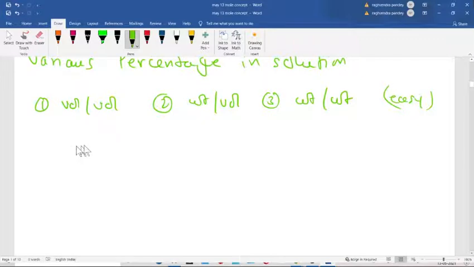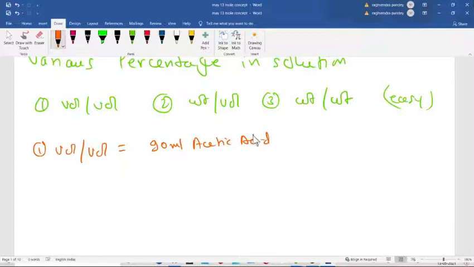Now first is volume by volume. Here is how to see the percentage. Suppose we have 90 ml acetic acid plus 60 ml ethanol.